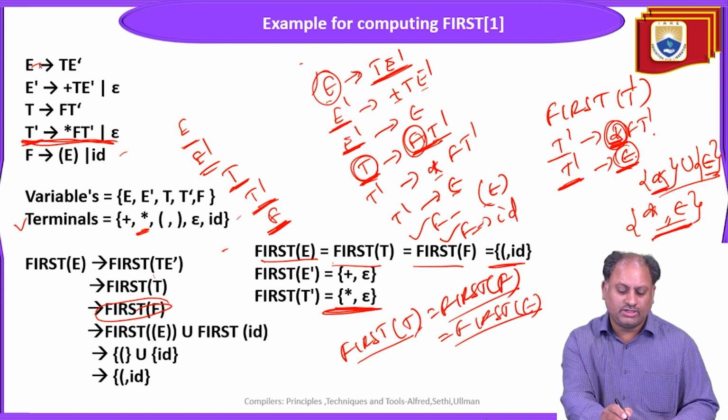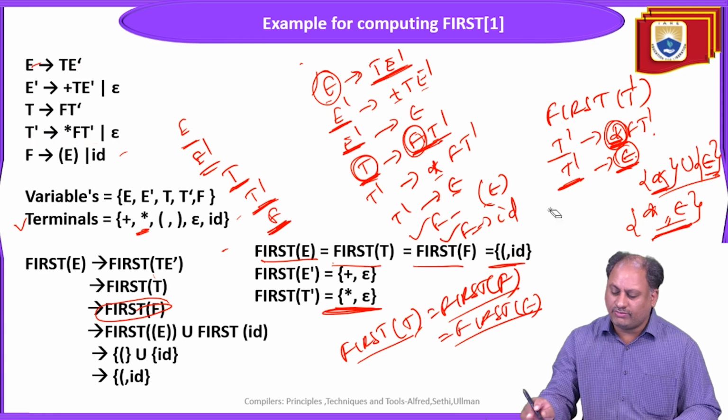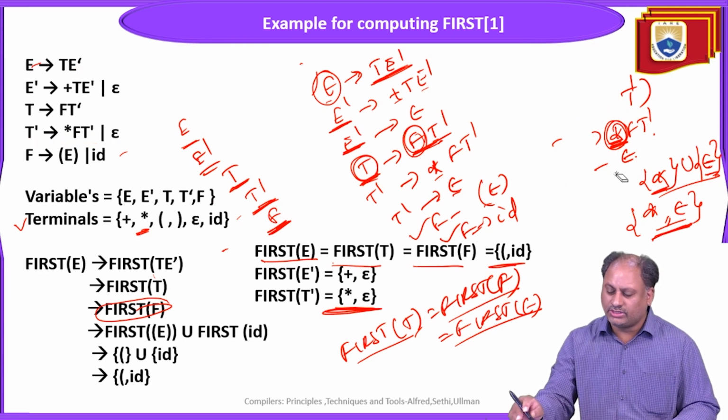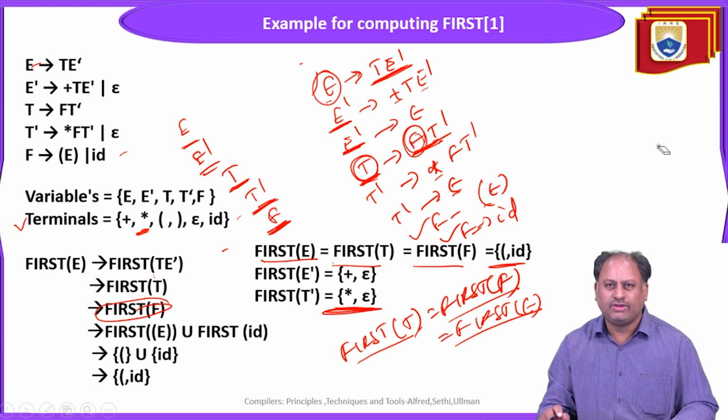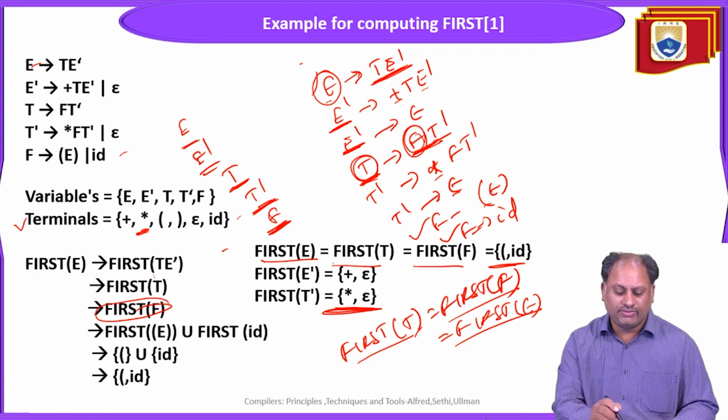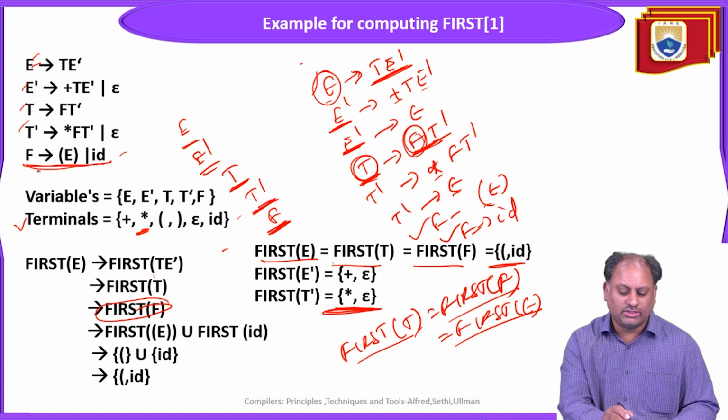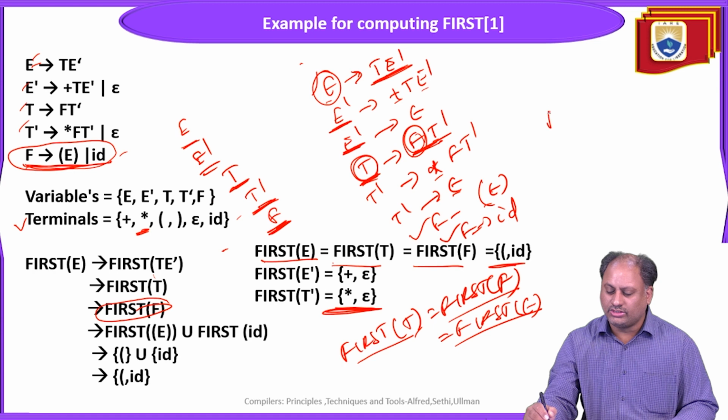Here, if you observe the left hand side, the non-terminal that appears in the given productions, F appears only in this one, E dash T dash. Now it can't appear anywhere else, but here it appears in two cases. So we have to list out the two rules: F derives parenthesis E, F derives id.